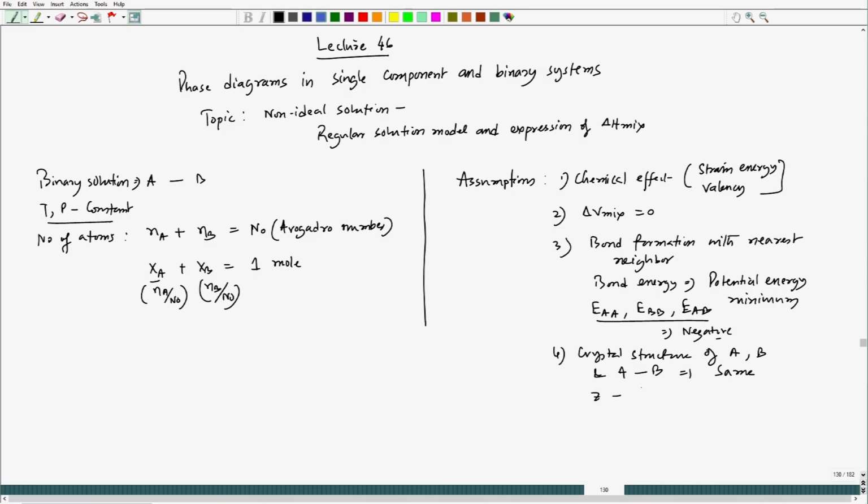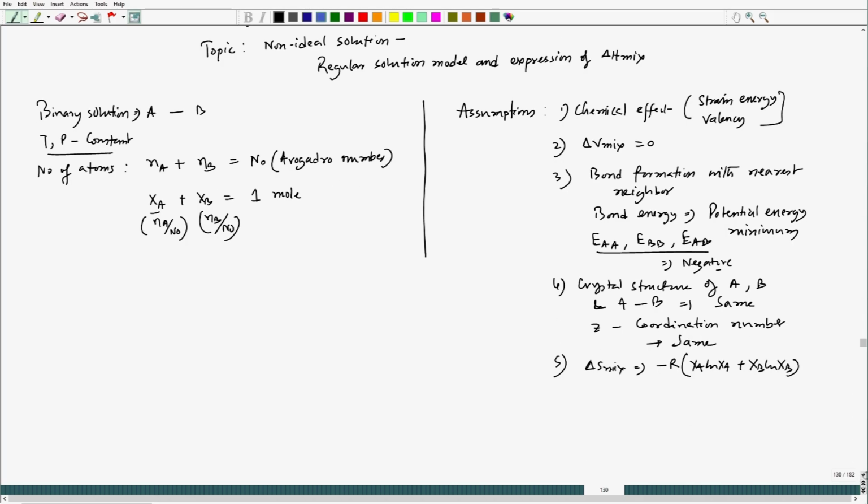It means that Z, which is the coordination number, is also the same. And fifth is, we are considering that del S mix is only coming due to R times Xa ln Xa plus Xb ln Xb, that is only coming due to the configurational effect. All other entropy terms like vibrational entropy are all ignored.